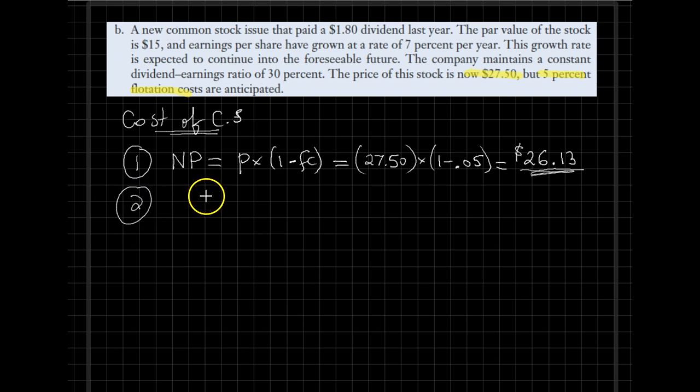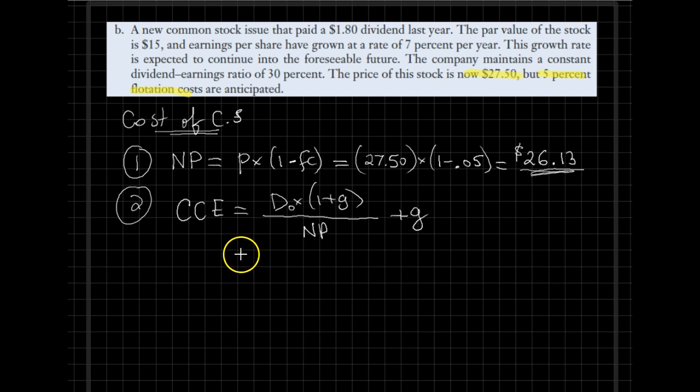Now in the second step, we can plug in these values to calculate the cost of common stock, common equity. We would simply use again the same formula we use for calculating the rate of return for a common stock investment. However, the denominator should represent this time the net price rather than just the price.